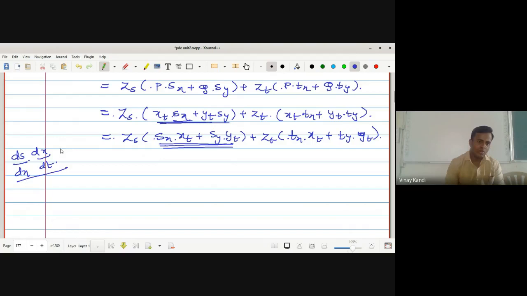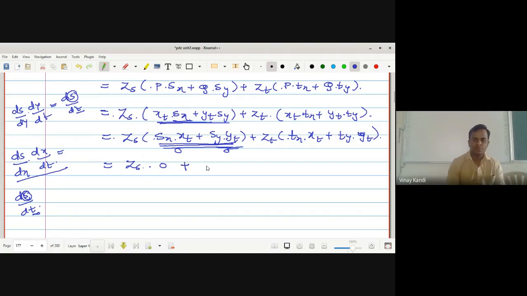By using the chain rule, the value of this one is ds by dt, that is equal to s in the bracket. But what is the value of s? The derivative of s with respect to t is 0. Similarly here, ds by dy into dy by dt. By using the chain rule, ds by dt, the derivative of s with respect to t is 0. So here all this value is 0 plus 0, 0.